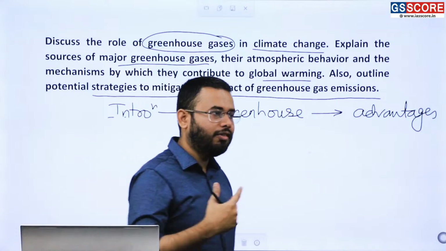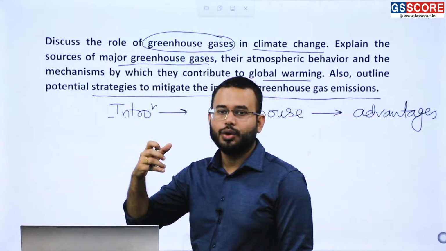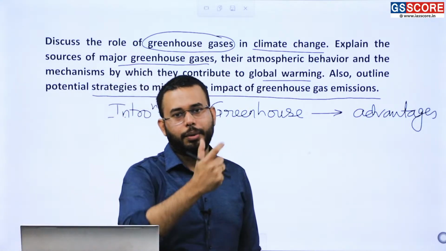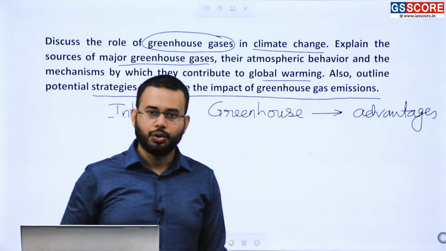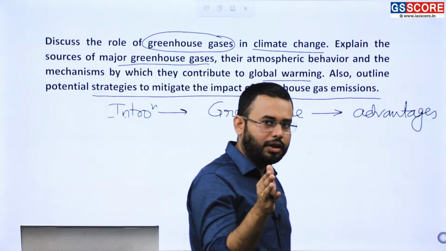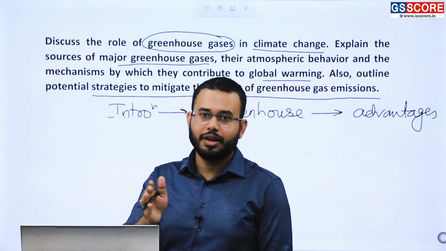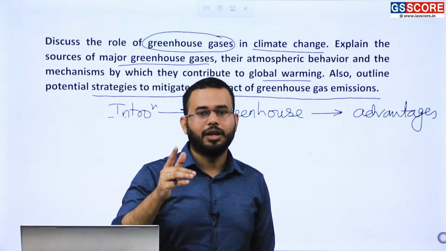But when the level of greenhouse gases increases in the atmosphere, it traps more heat. Now that more heat is problematic, which is leading to a situation like climate change. So you will have to explain the concept of both advantages and disadvantages here, right? Excess level of greenhouse gases is problematic.